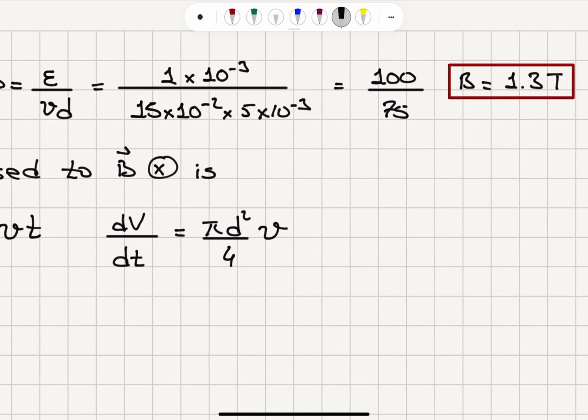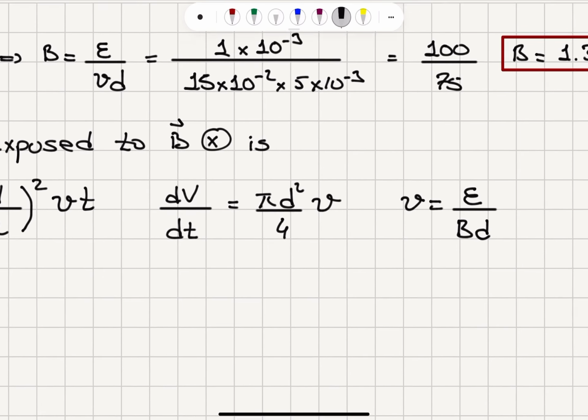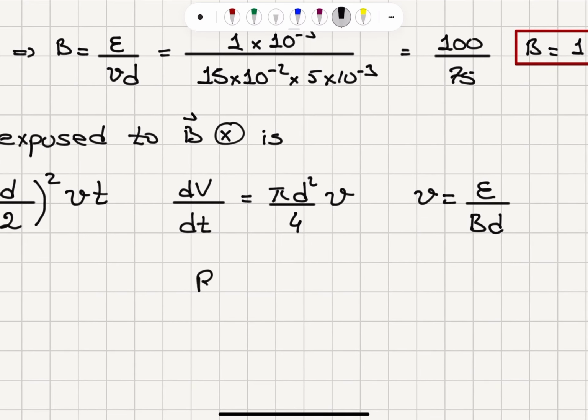But at the same time, we know that its speed v is the motional EMF induced epsilon divided by the magnetic field times the diameter of the vessel. Therefore, the volume flow rate, capital R, becomes pi d squared over 4 times the speed, which is epsilon divided by Bd.